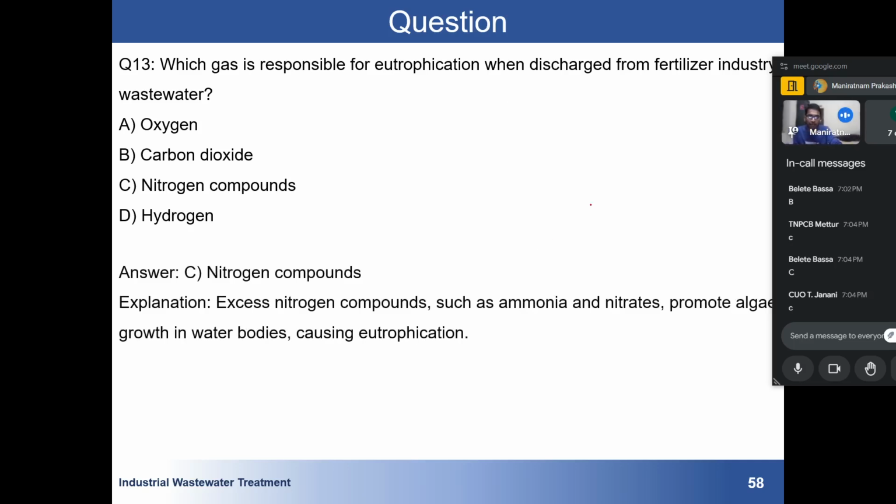Yes, excess nitrogen compounds such as ammonia and nitrates promote algal growth in water bodies, causing eutrophication. Apart from this, phosphate is also responsible for this eutrophication process.